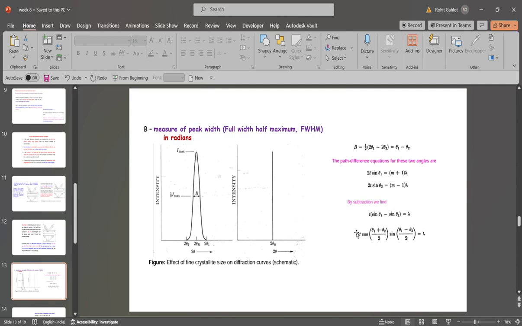By subtracting, we find that t times sine theta 1 minus sine theta 2 equals lambda. Using the formula for sine C minus sine D, we can write it as 2t cos of theta 1 plus theta 2 over 2, times sine of theta 1 minus theta 2 over 2, equal to lambda.